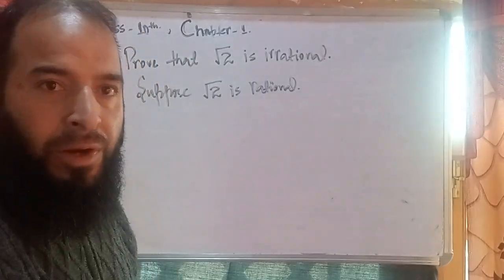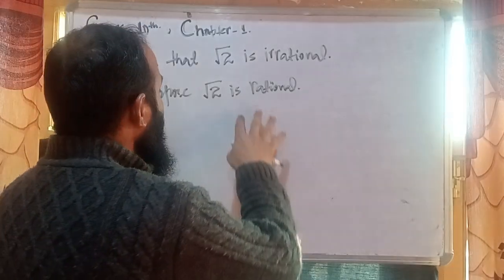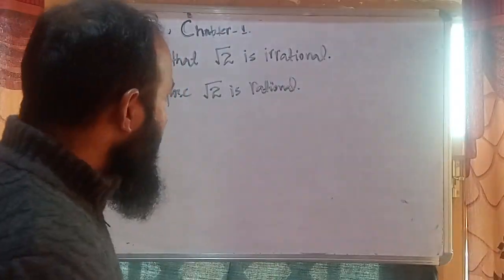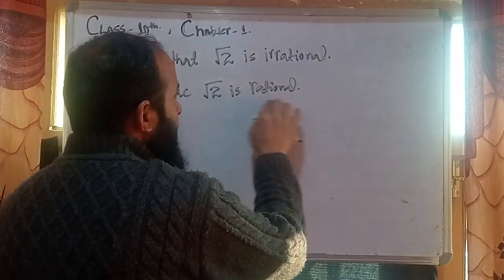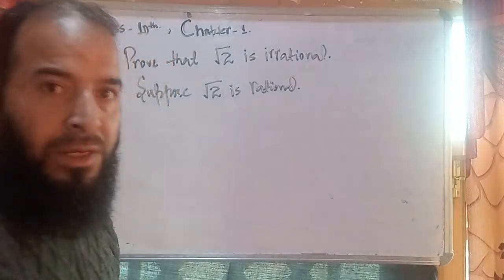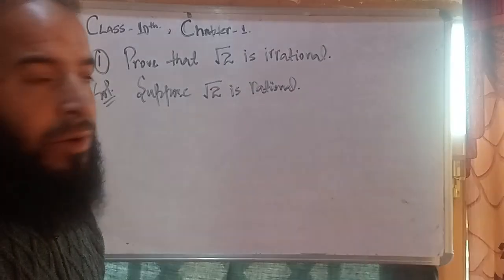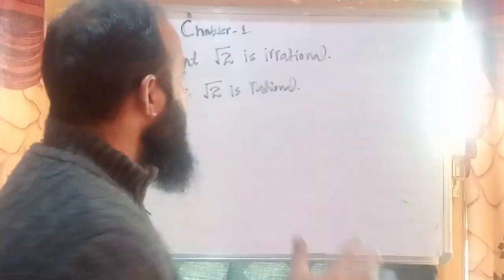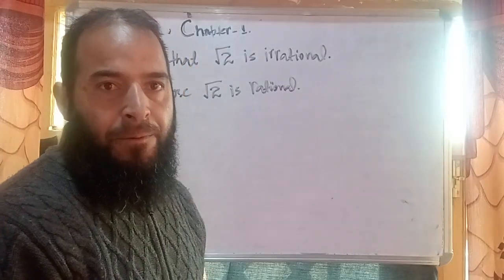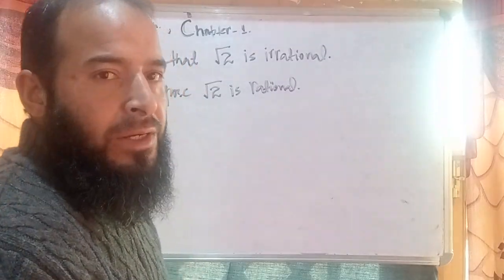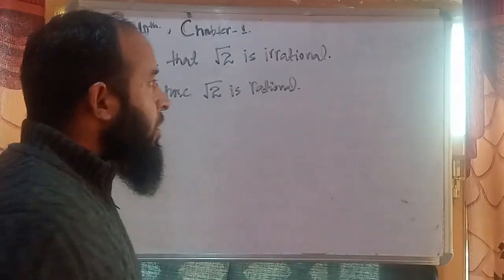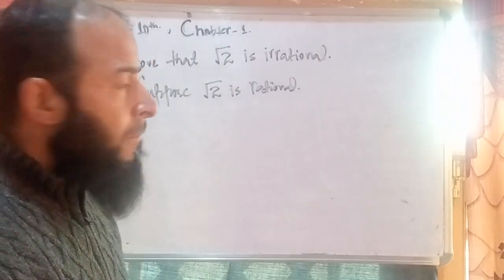In the later part of this question, we will see root 2 will not be rational. So when it is not rational, then it is irrational. That is known as the contradiction method. So we suppose root 2 is rational.